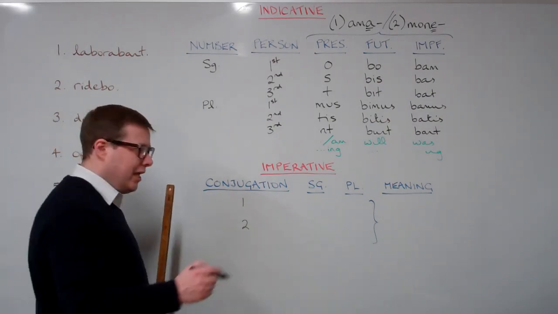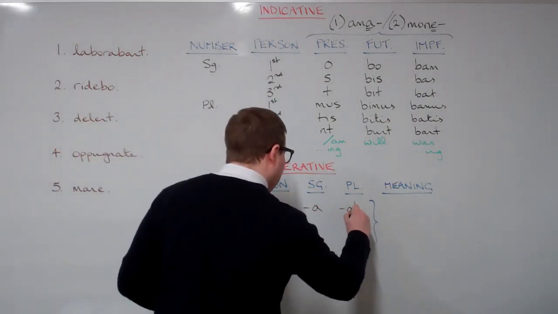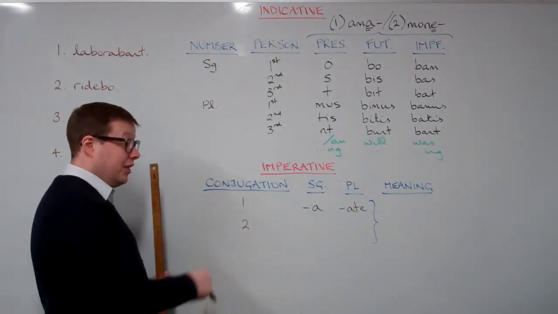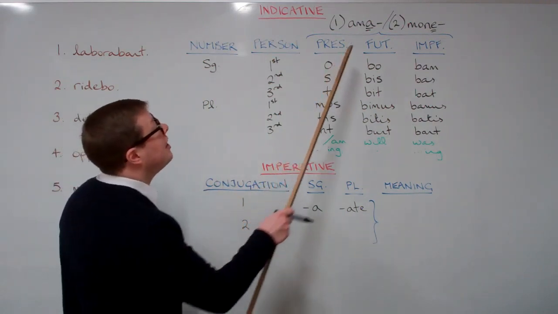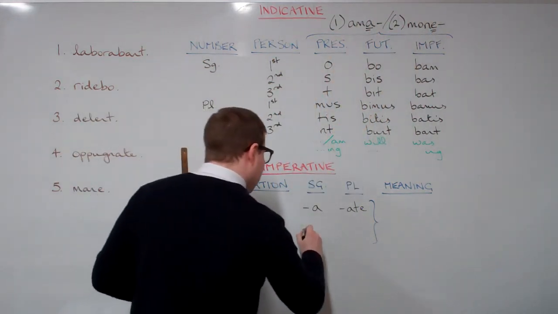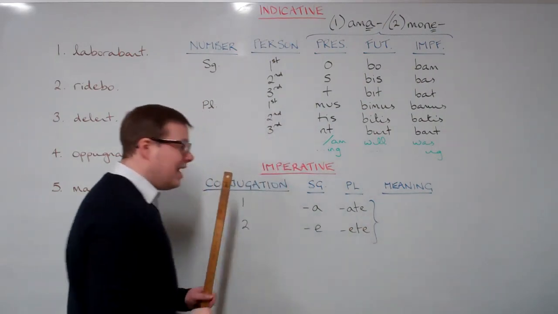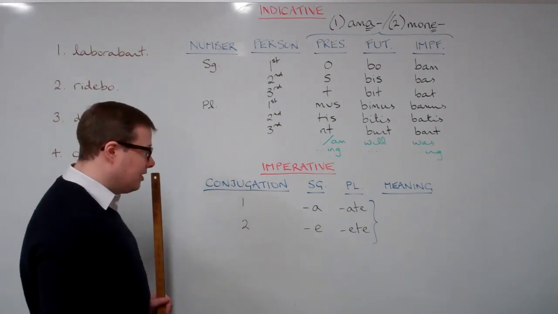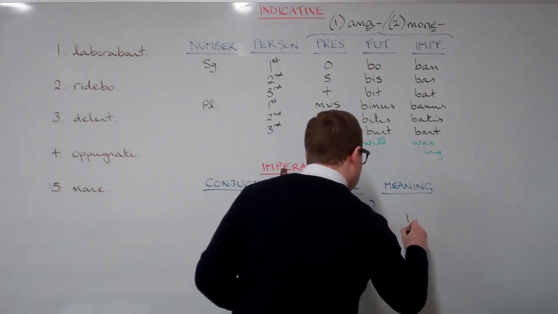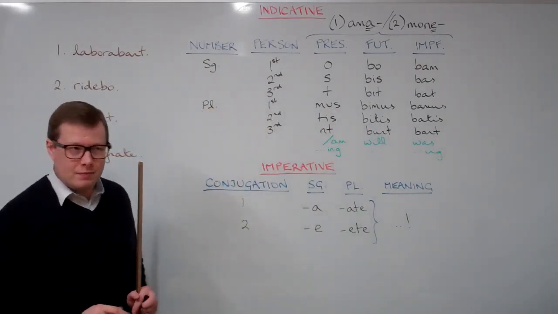Now, the first conjugation imperatives end in are and ate, respectively. Therefore, the second conjugation ones, following the same logical pattern as here, go ere and ete. Ate, ete. And all of those endings give orders or instructions. So I am just going to put an exclamation mark to symbolise giving an order.